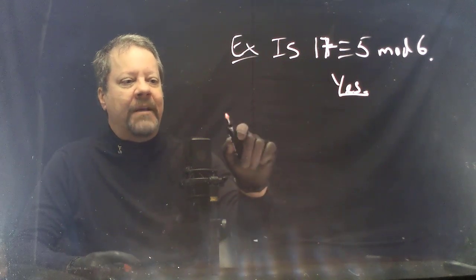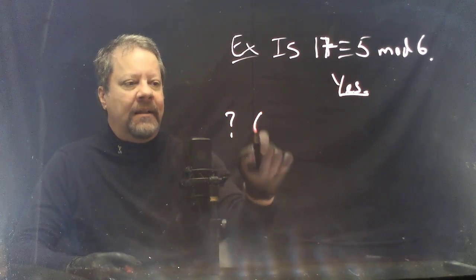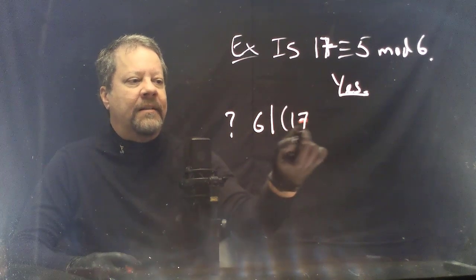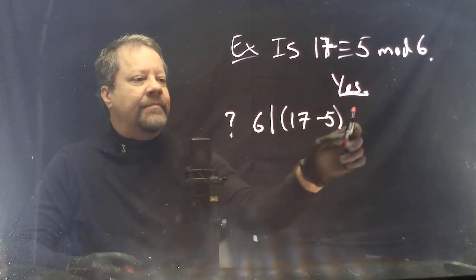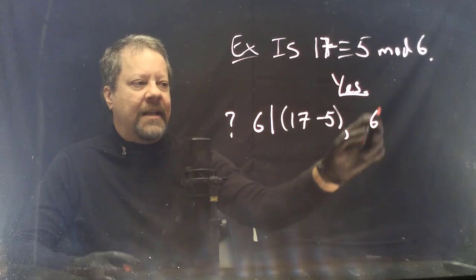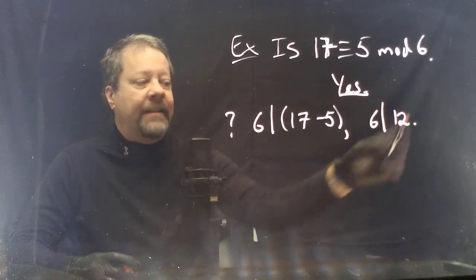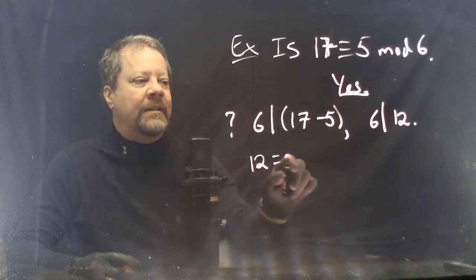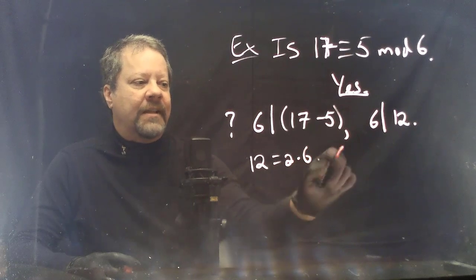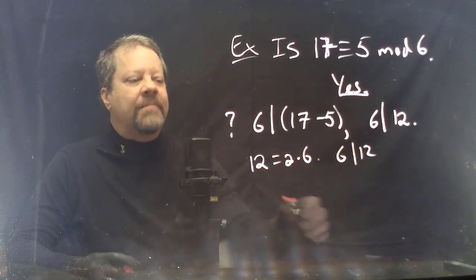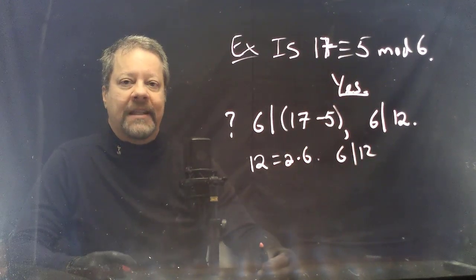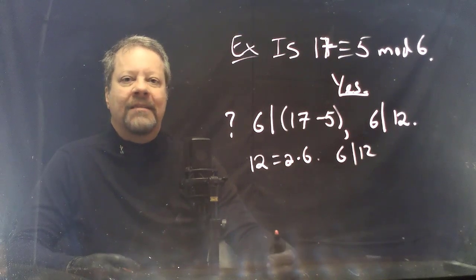The question might be phrased as, does 6 divide 17 minus 5? And this is the same thing, does 6 divide 12? And the answer there is, yeah, 12 is 2 times 6, so that 6 divides the difference, and then therefore 17 will be congruent to 5 mod 6.